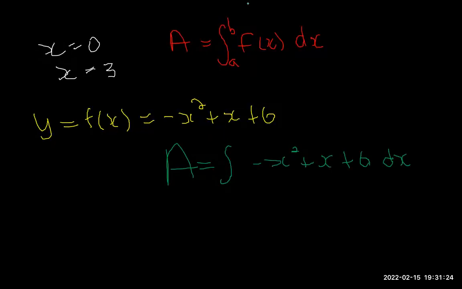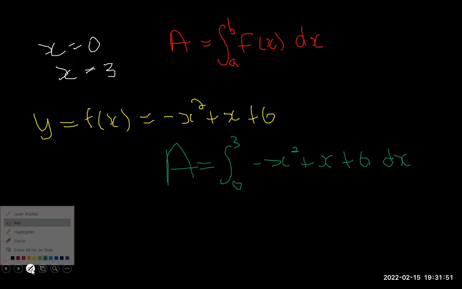B, the upper limit, is 3, because 3 is the bigger number. 0 is the lower number, so a is 0. All you need to do is use the rules of definite integration. We practiced that, we did all the past papers with that. So all you're doing now is applying your knowledge of definite integration to find the value of the area.